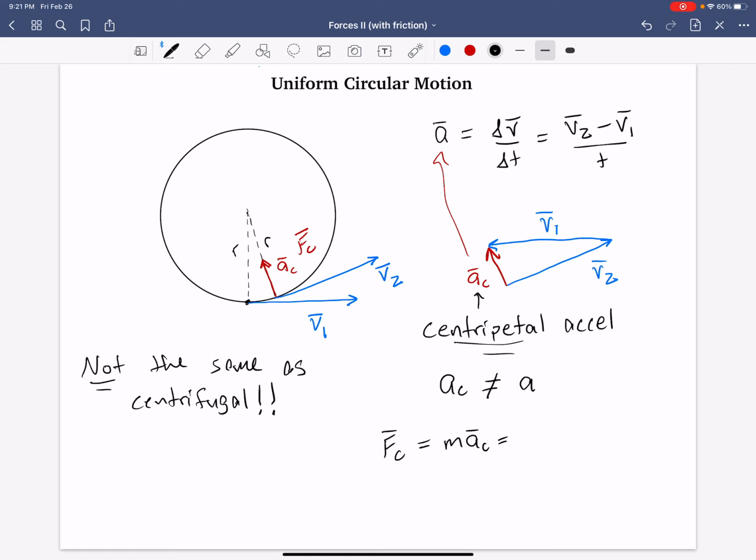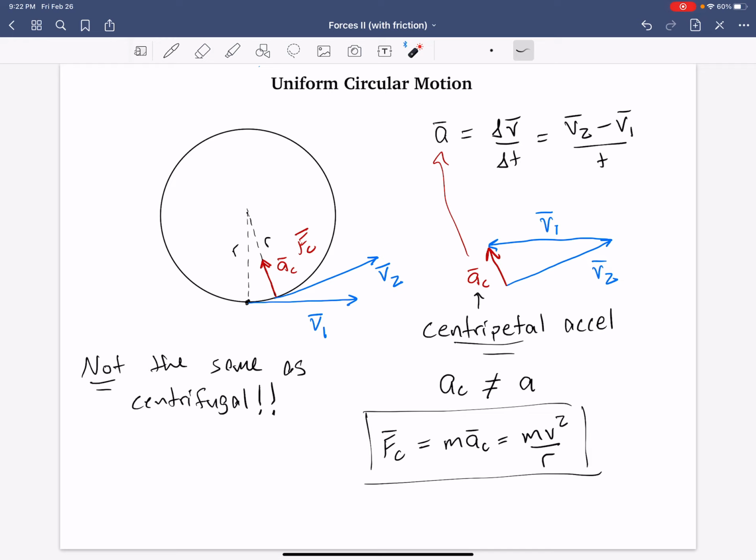In chapter 4, if you would like to go back and look at the derivation for A sub C, they get V squared over R. It's an incredibly brilliant derivation of how they get V squared over R. Notice this is the speed, an unvectored V. Mass times speed squared divided by the radius of the arc or circle.